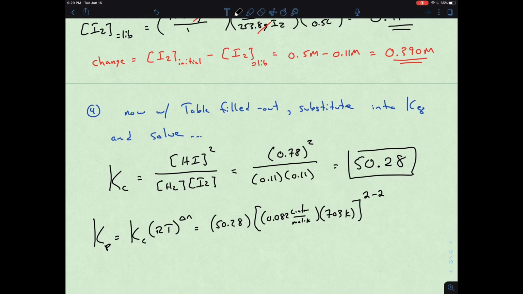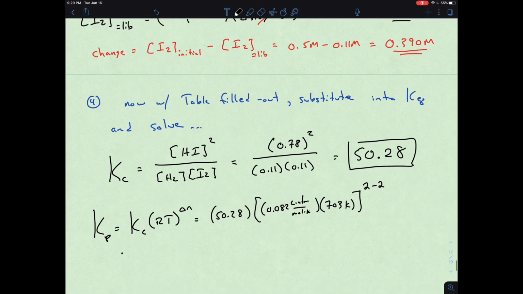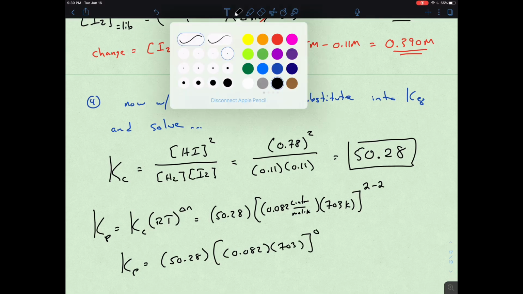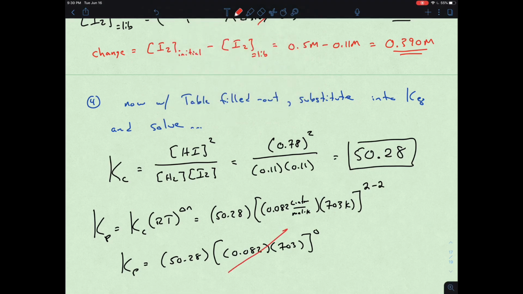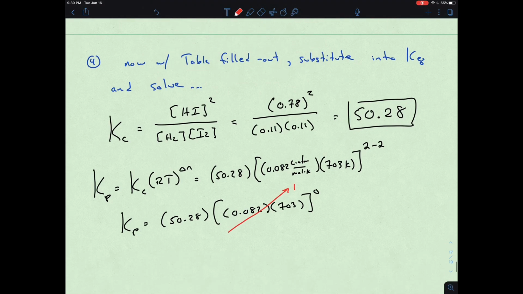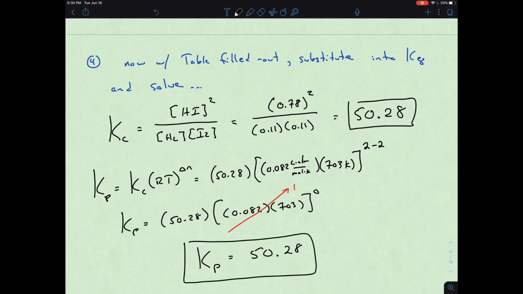So the fact that that's 0 means that that whole piece is going to really disappear and go to 1. So this whole bracketed area is going to 1 as a result of raising it to the 0 power, and we find that our K sub P in this case is exactly the same as our K sub C.